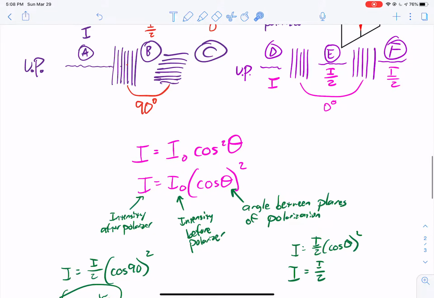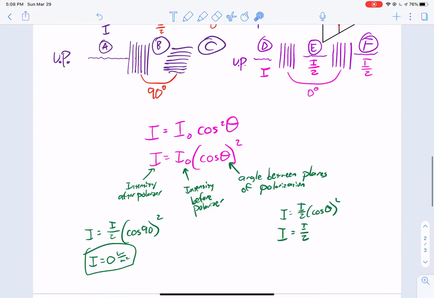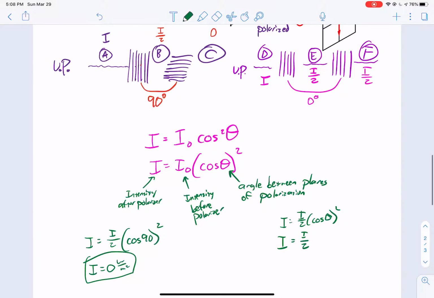One trap they're going to maybe do for you on a test or a worksheet or whatever is they will say the intensity of unpolarized light is I. And they may ask you for what is the intensity after the two polarizers. You need to realize that you're never going to put unpolarized light intensity into this equation.